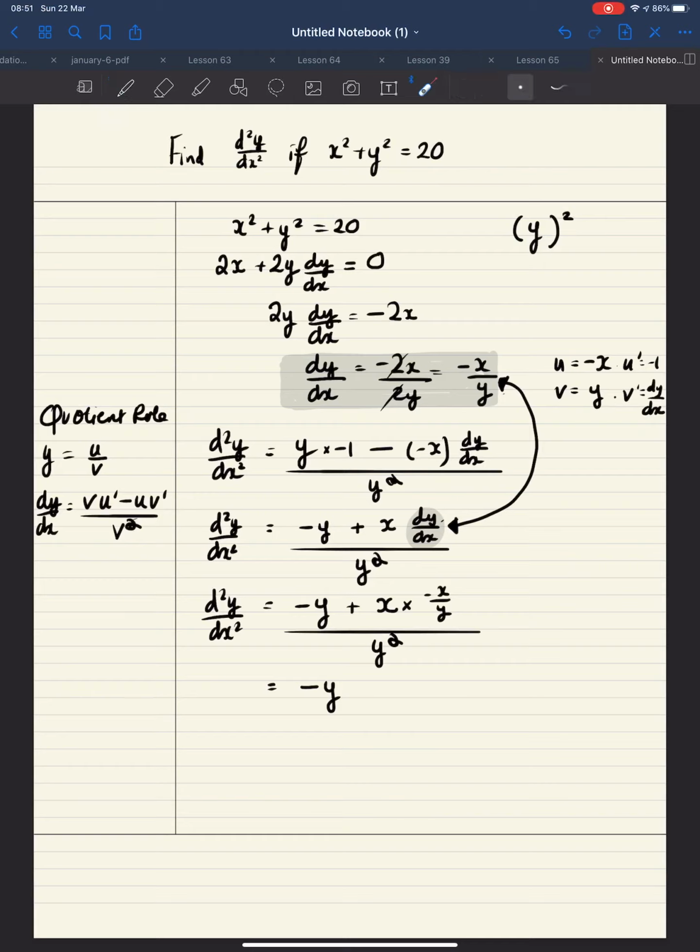Now, somebody asked, how do you multiply x times minus x over y? Well, think of that x as x over 1. So you've got x times minus x, which is minus x squared on the top, and then 1 times y on the bottom, so just y on the bottom. Minus x squared over y, all divided by y squared.